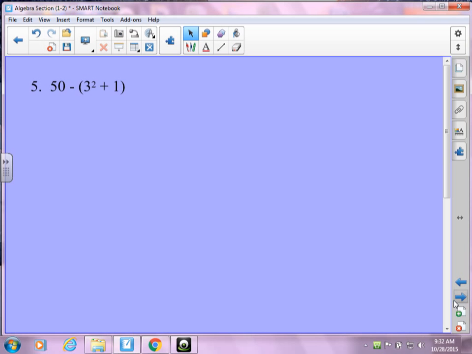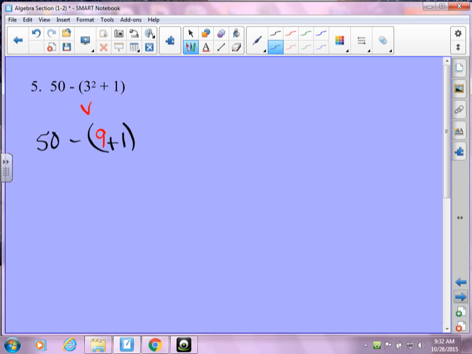Notice that I have parentheses, and I got stuff going on inside the parentheses. So I'm taking a look at the parentheses first. Now, do I have parentheses in my parentheses? No. Do I have an exponent? Yes. So 3 squared is what? It is 9. Okay? Do I have parentheses? Yes. What do I do? Add.